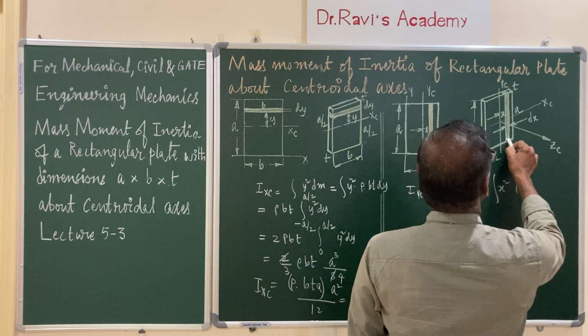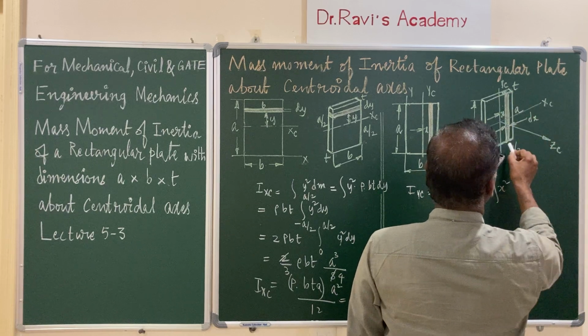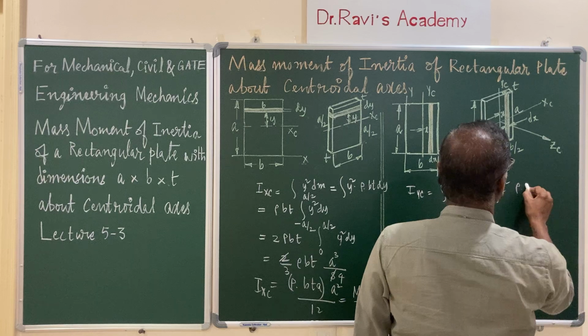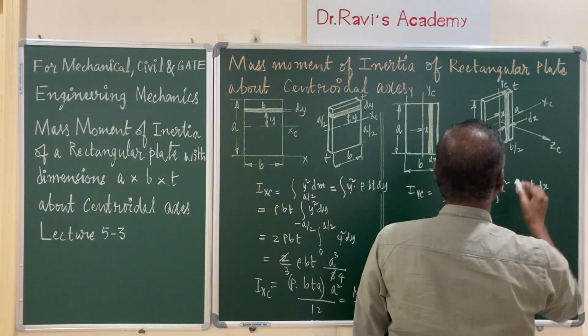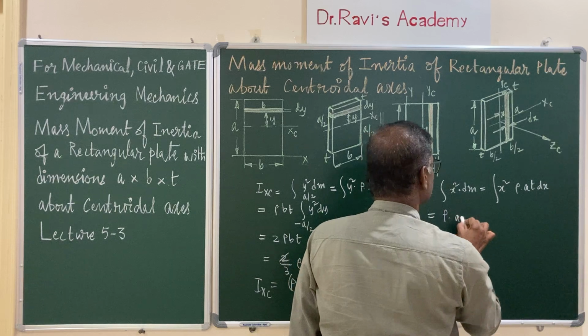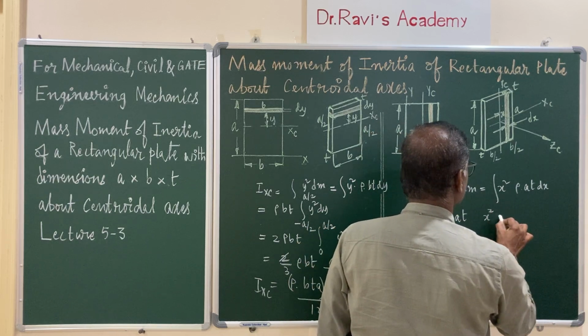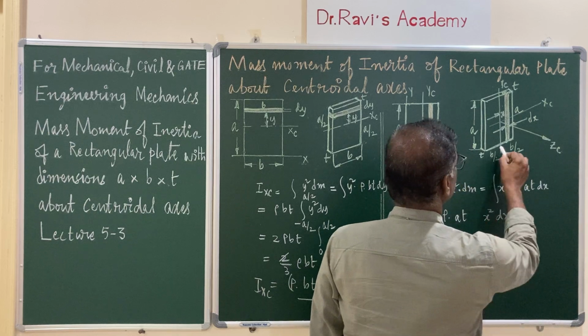The volume of the element, observe carefully, is a t into dx, so a t dx, and you can keep rho a t outside, and this becomes integral x square dx.